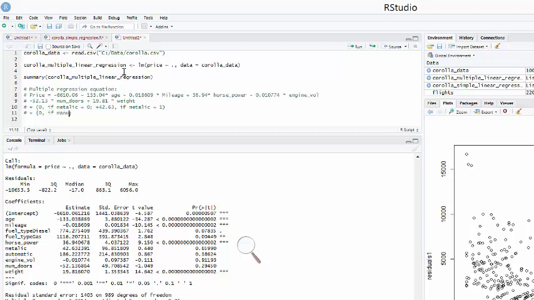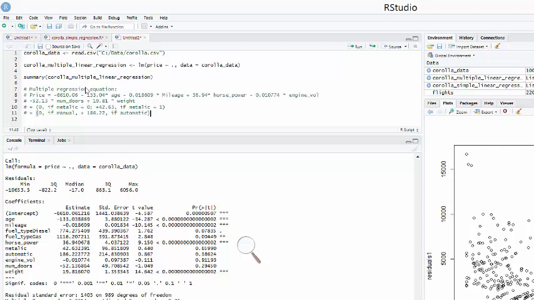And if it's automatic, what do I add? Exactly, the estimate for automatic. This one right here, $186.22. There. I'm just going to copy paste. If automatic. So how do I interpret that?